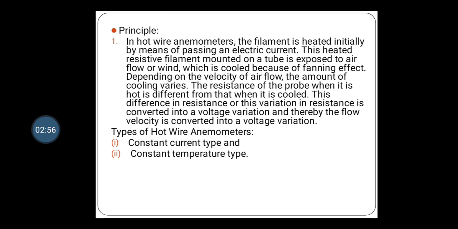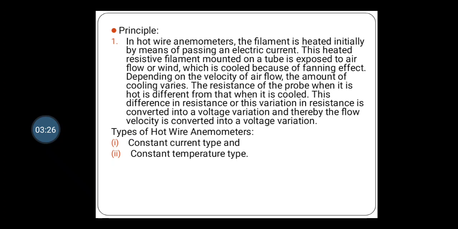Now, what is the principle of the hot wire anemometer? In hot wire anemometers, the filament is heated initially by passing an electric current. This heated resistive filament mounted on the tube is exposed to the airflow or the wind, and is cooled because of the fanning effect. Depending on the velocity of the airflow, the amount of cooling varies.